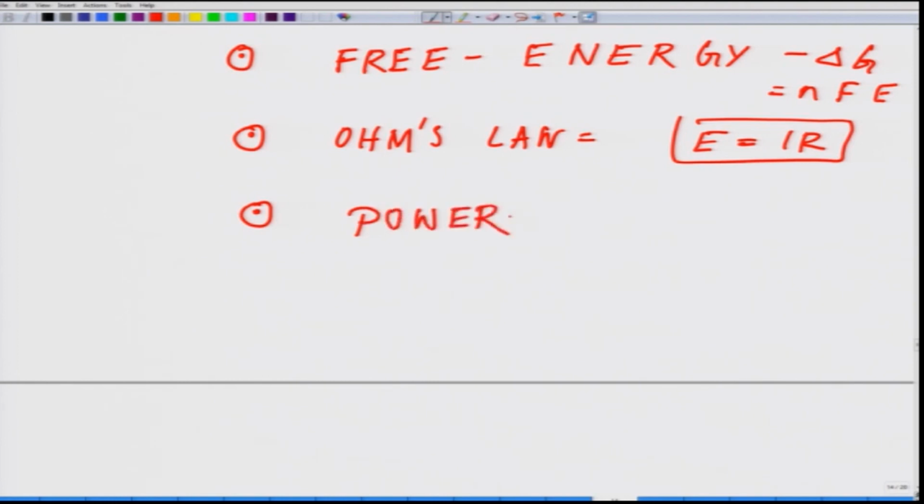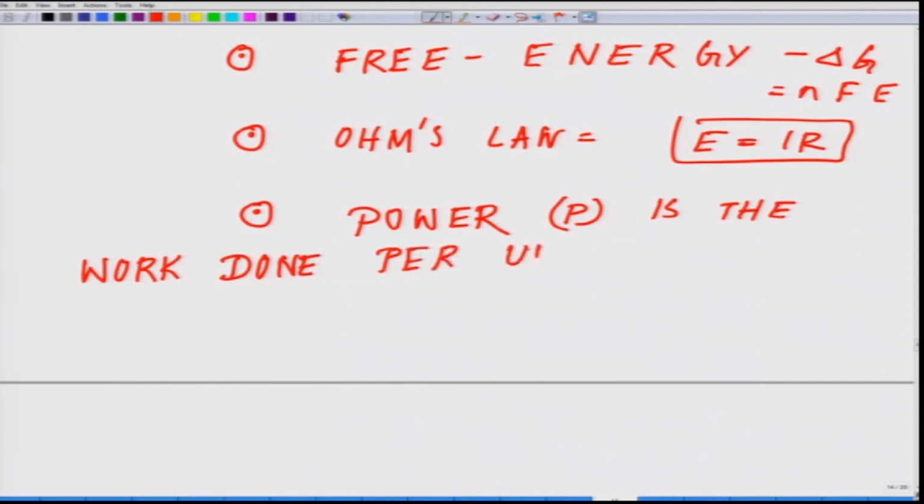What is power? Power, represented by P, is the work done per unit time. In other words, W, which is the work done, per second, which is per unit time, represents power.